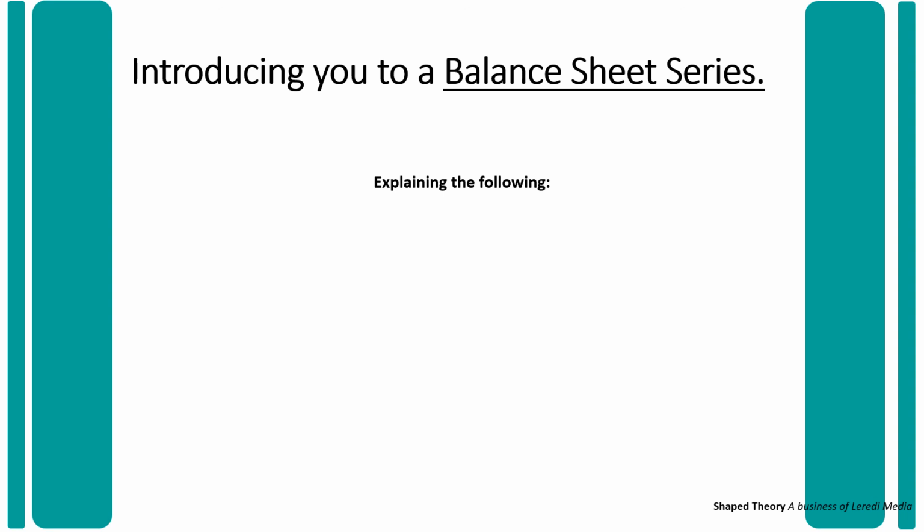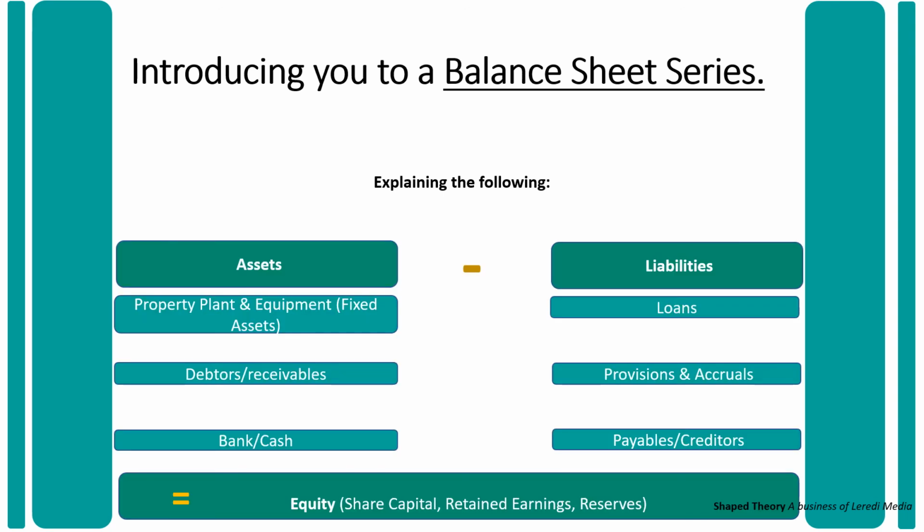And we believe that if you understand these common items, you'll be able to understand all the others. We will be explaining the same items that I've explained in this previous slide: property, plant, and equipment, debtors, receivables, bank and cash. On the liability side, loans, provisions, payables, and creditors, and also explaining a little bit of equity.